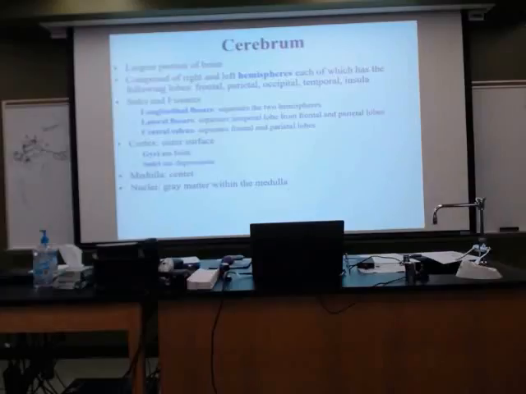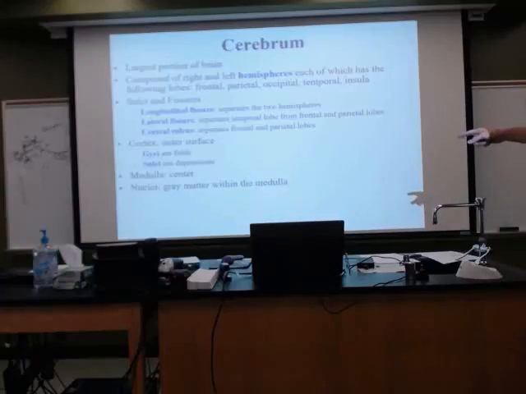The outer surface is going to be our cortex. All these little foldings that are present, those are our gyri, okay? So all the folds that are present. Sulci are the depressions within the folds, okay?